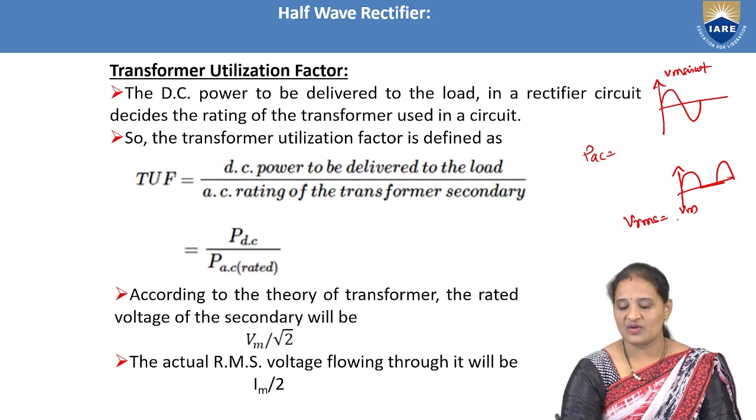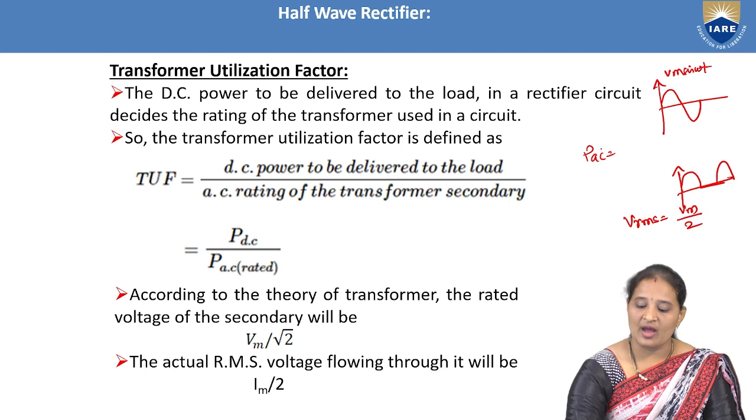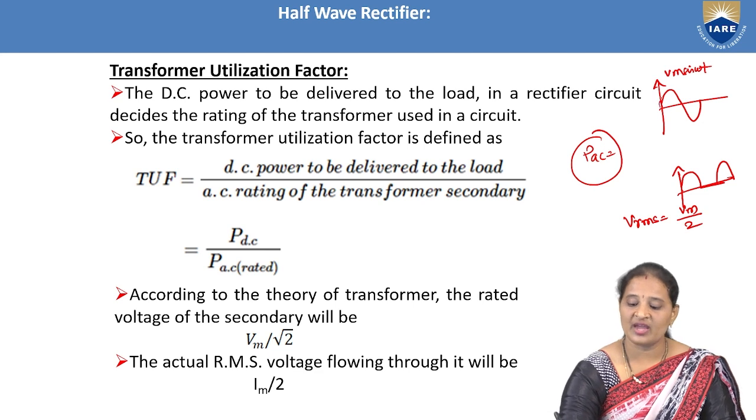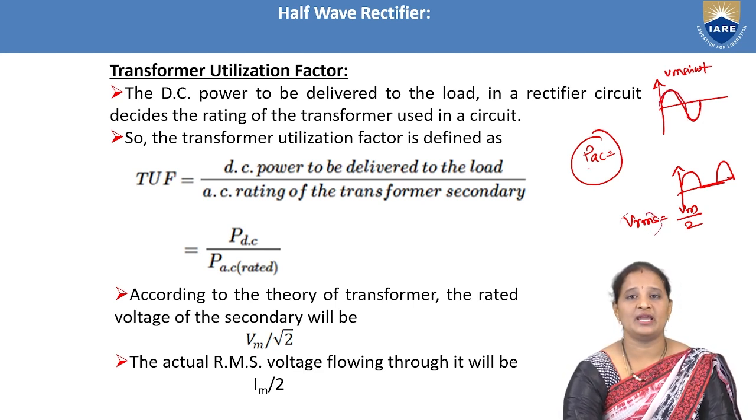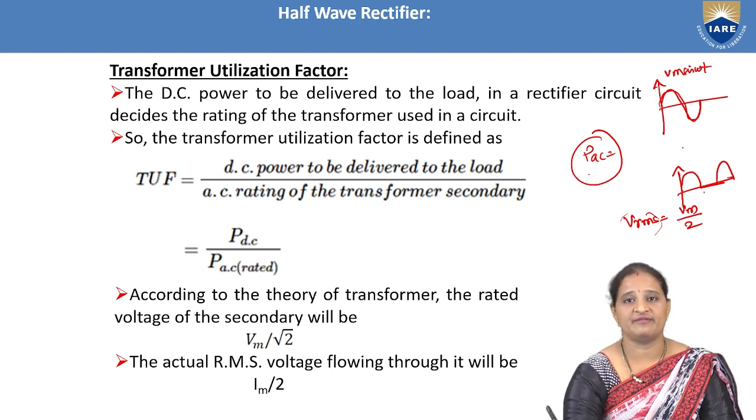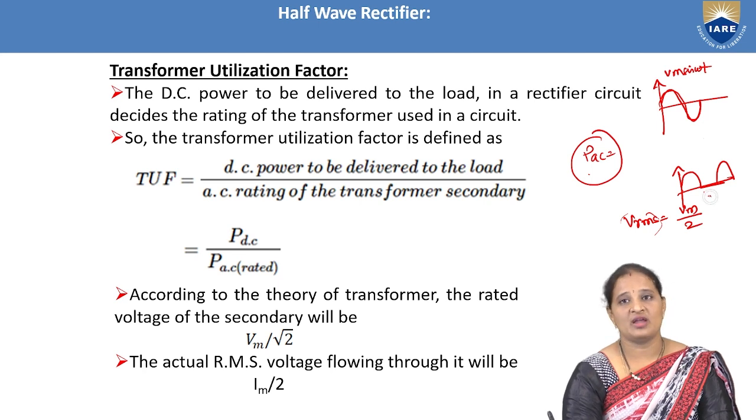So this Vrms value is Vm by 2. Now we are calculating the AC rating of the transformer secondary where we have 2 half cycles. So this RMS value will not be taken for the calculation of PAC rated at the transformer secondary, because these two waveforms are different. It is having 2 half cycles whereas the output is having only 1 half cycle.